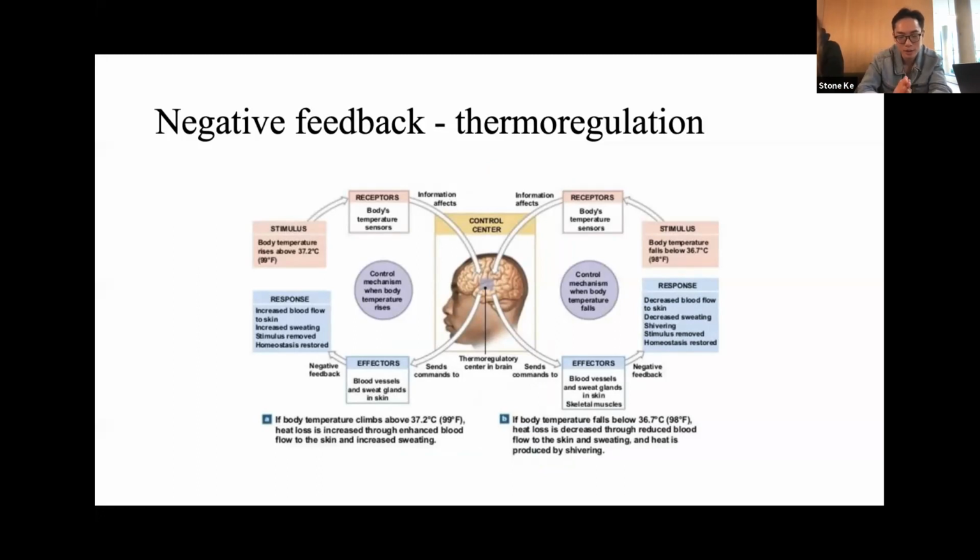It'll send signals via the efferent pathway to your effectors, which in this case are blood vessels in your skin. Those will dilate, so you have more blood flow to your skin, where heat can be lost. I guess you'll also sweat. There are some behavioral changes too; you might seek shade. Anyway, at that point you have more heat loss. Your body temperature will go back down. Your stimulus will correct itself. And there you go, negative feedback.